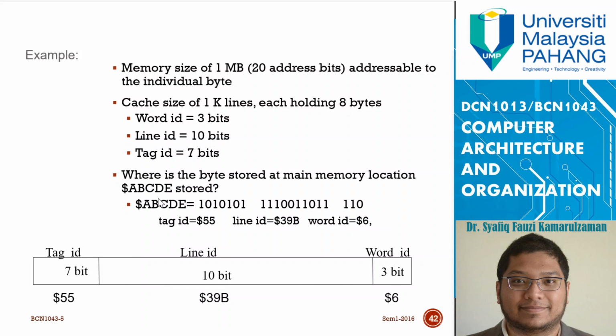So imagine where the byte stored at main memory location ABCDE is stored. For ABCDE, the tag ID is 55, the line ID is 39B, and the word ID is 6. So this represents the information according to this memory address.